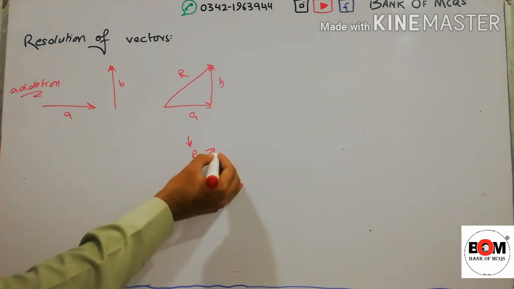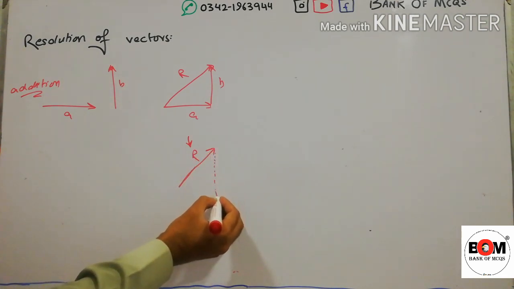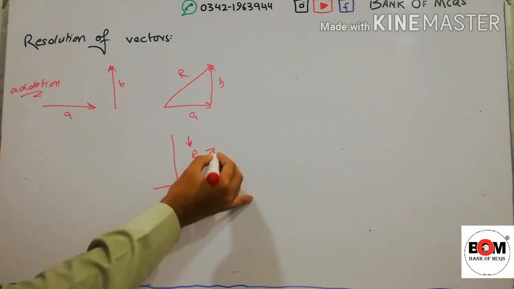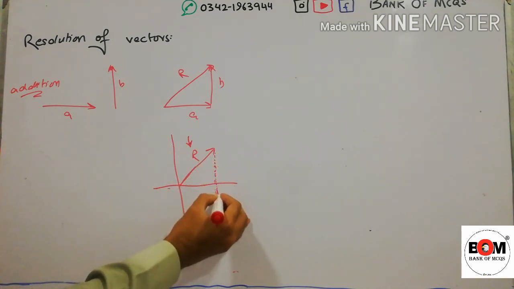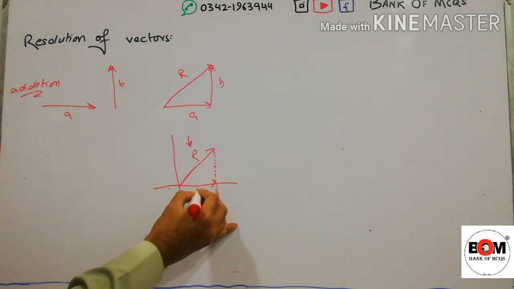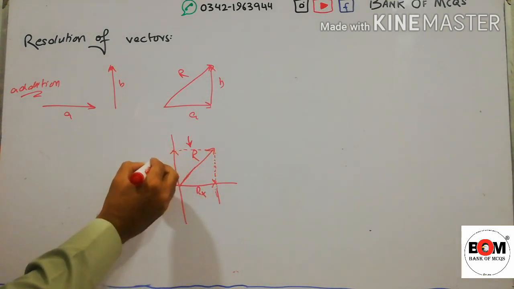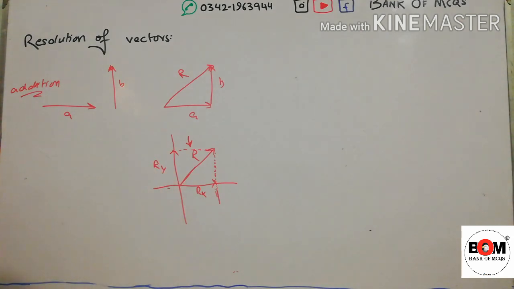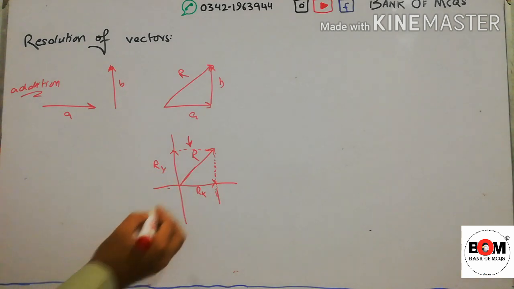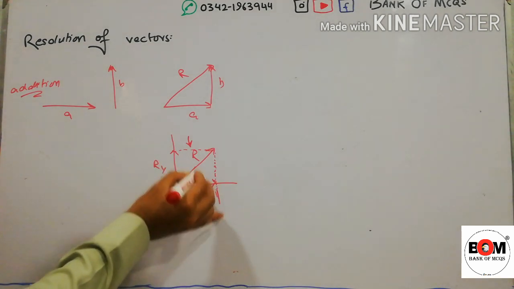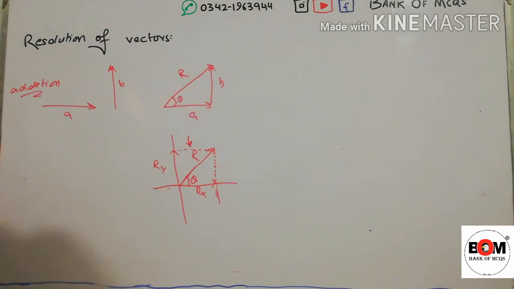We will draw a line perpendicular from its top, first on the axis. Drawing a line from top to bottom on the x axis gives us the x component, and drawing it on the y axis gives us the perpendicular component. So this is Rx and this is Ry, and this is the angle theta.